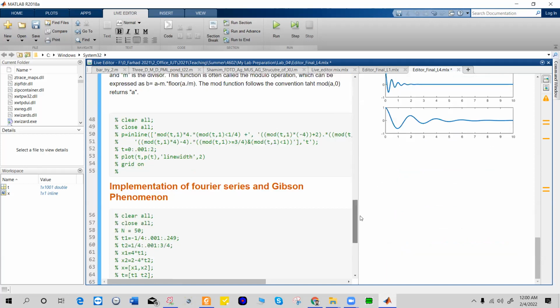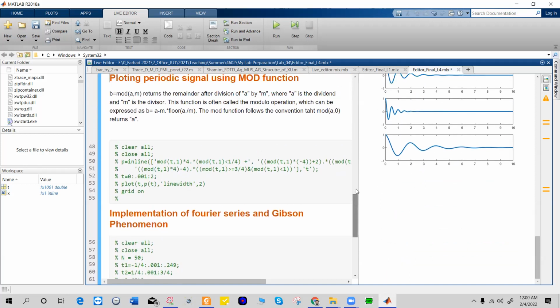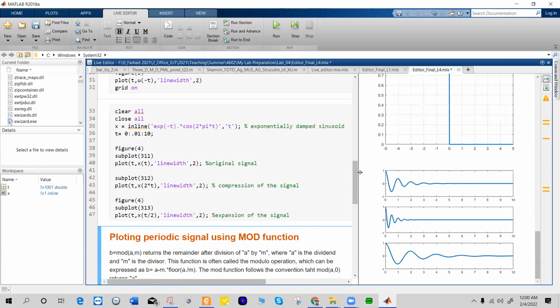So far what we have done, we have produced the signals, that is the exponentially decaying signal and the unit step signal. Then using those signals, we have verified time shifting, scaling, and reversal properties.